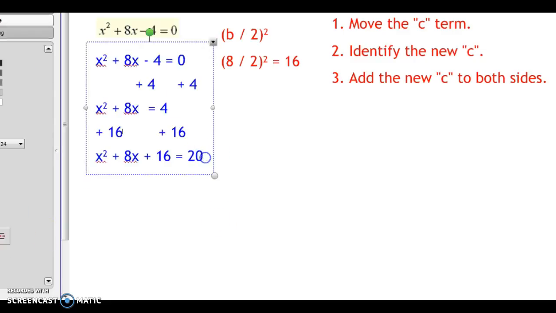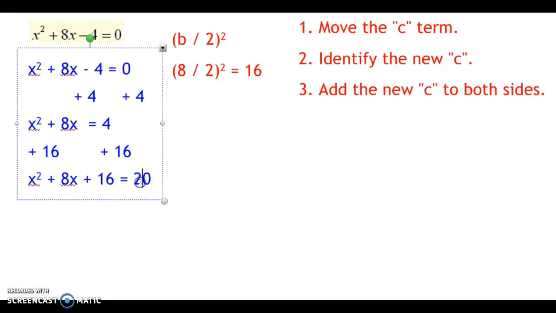So now I have a trinomial on this left side, and I want to turn it into a completed square. The same thing, I want to take it and make it into a binomial that is being squared. And I know that I'm going to put x here because x times x is going to have to give me that x squared.